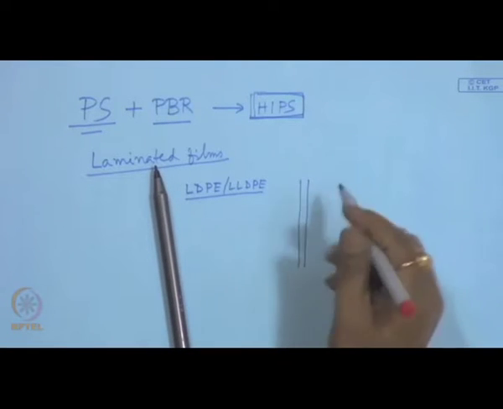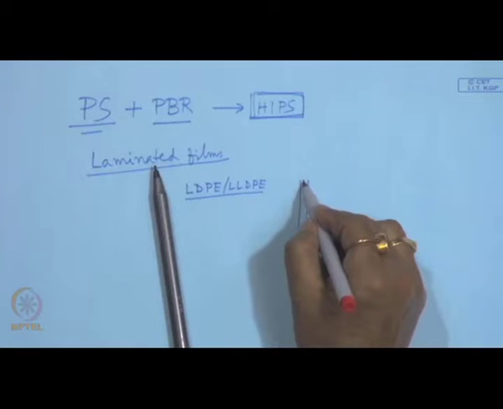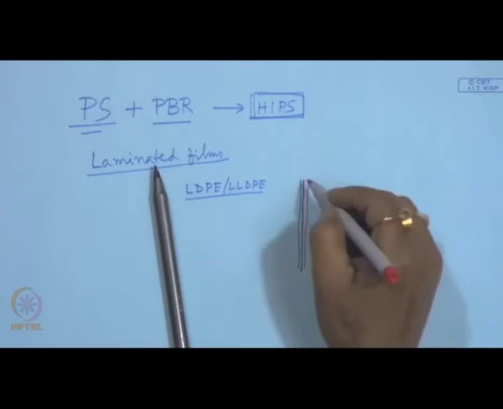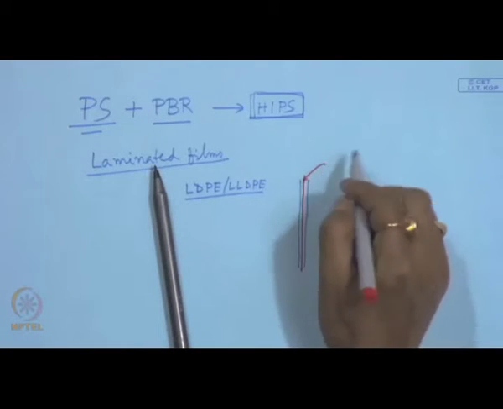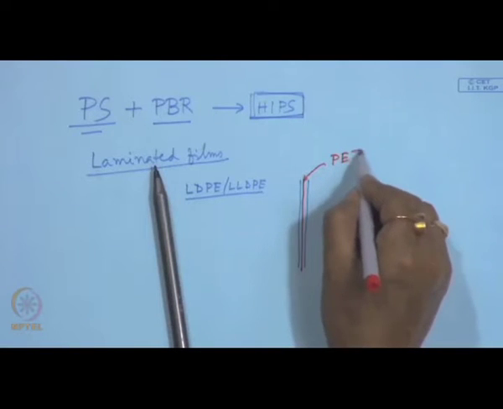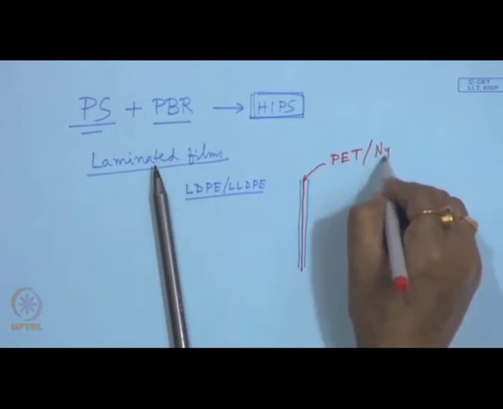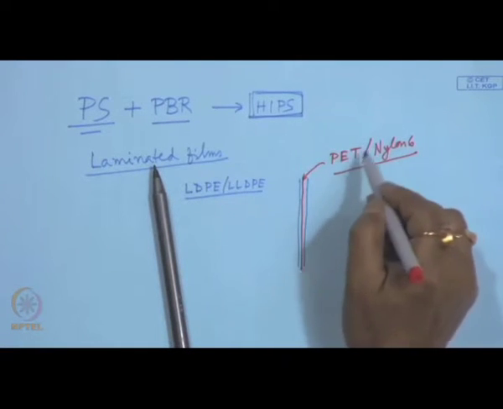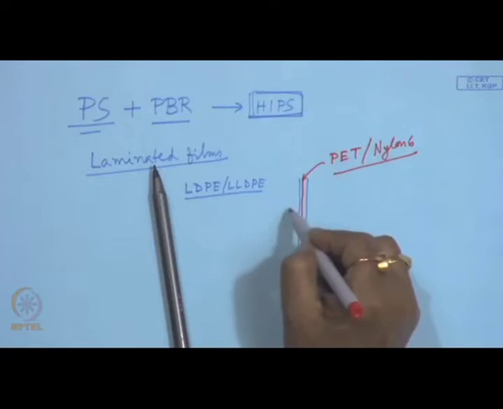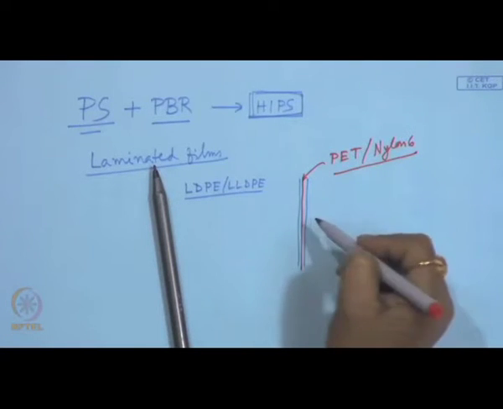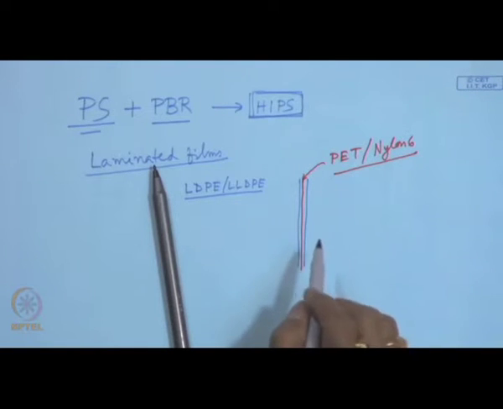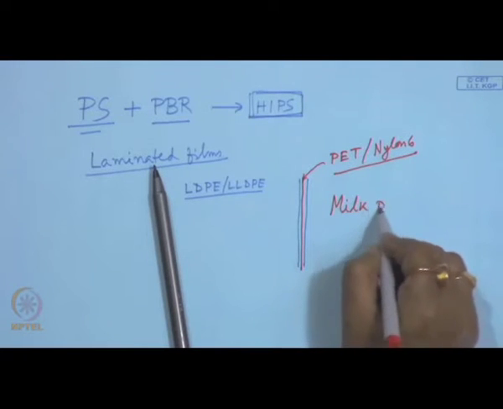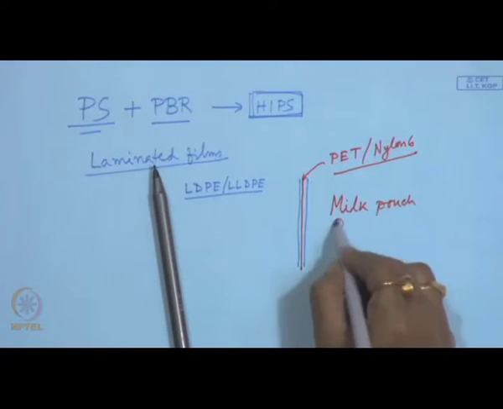Within these two outer layers, there is a third film, which is either polyethylene terephthalate or nylon 6. So, this helps in developing the barrier properties in between this LDPE-LLDPE blend. So, this is a laminated film, basically this milk pouch or oil pouch.